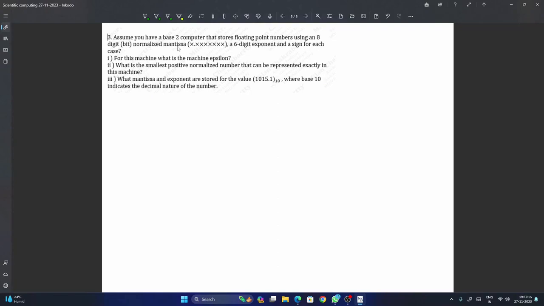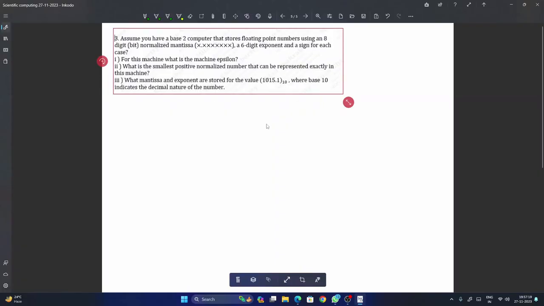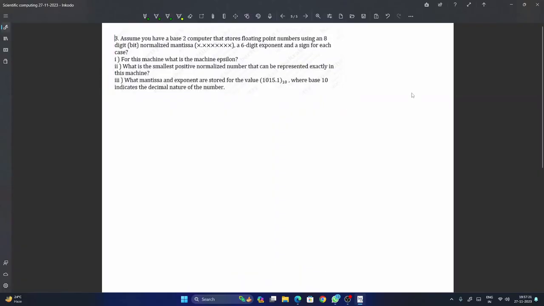It is a problem from your practice set, and here you can see the particular system for the normalized mantissa is already given. Just read out the problem first.